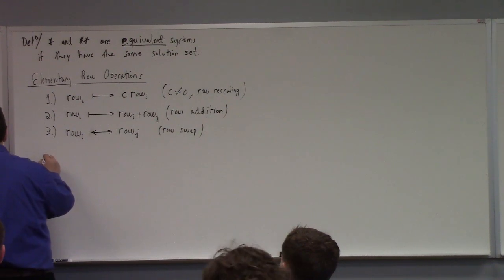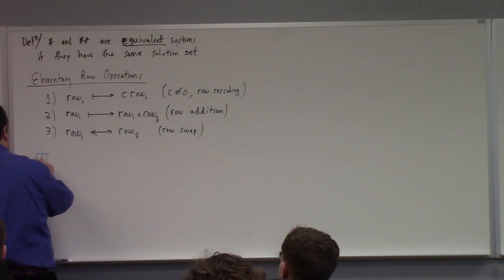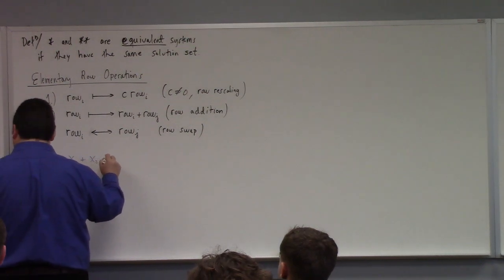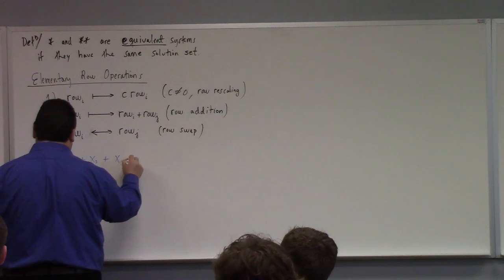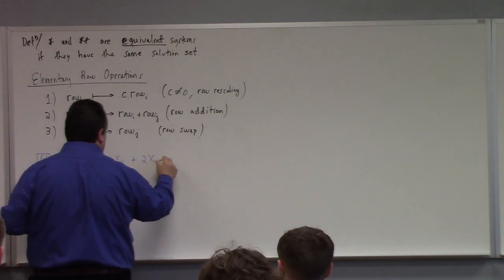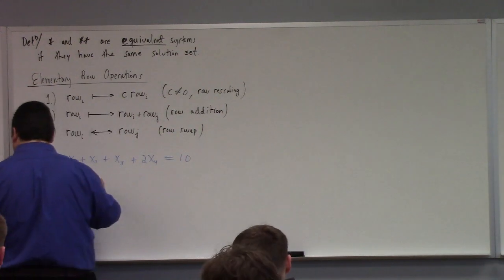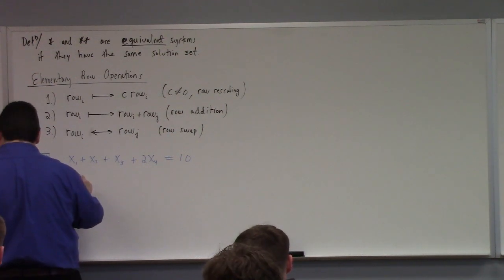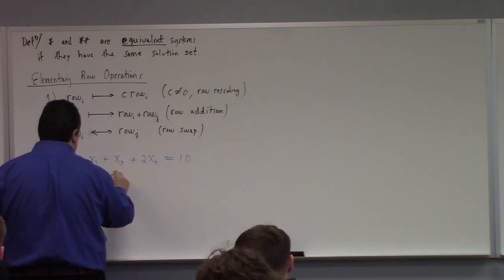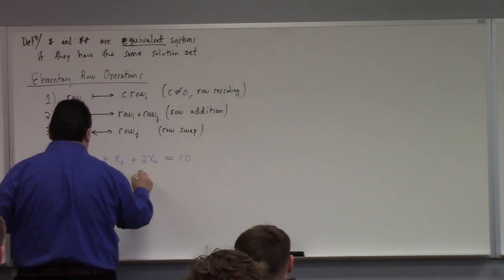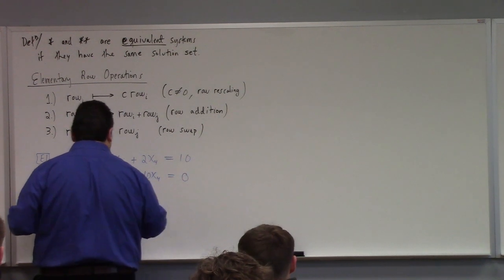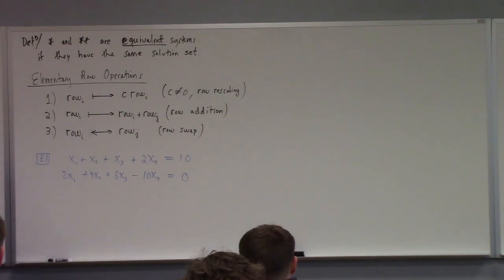Example 1: x1 plus x2 plus x3 plus 2x4 equals 10, and 2x1 plus 4x2 plus 6x3 minus 10x4 is equal to 0.